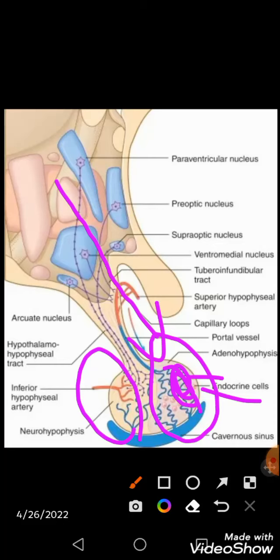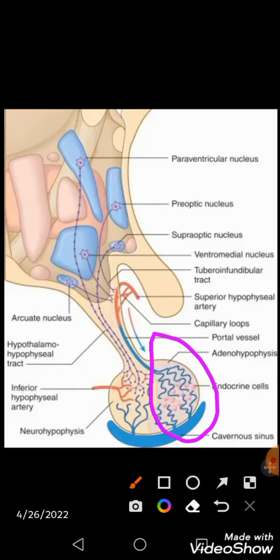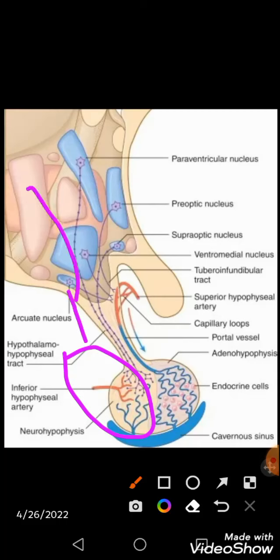And what else? Let me show you and mark that the posterior pituitary is receiving the neuronal secretion for the ADH and oxytocin hormones that are produced in the hypothalamus and reach here via the neuronal circuit. In this way, your endocrinal control of the body is under the control of your hypothalamus, right?